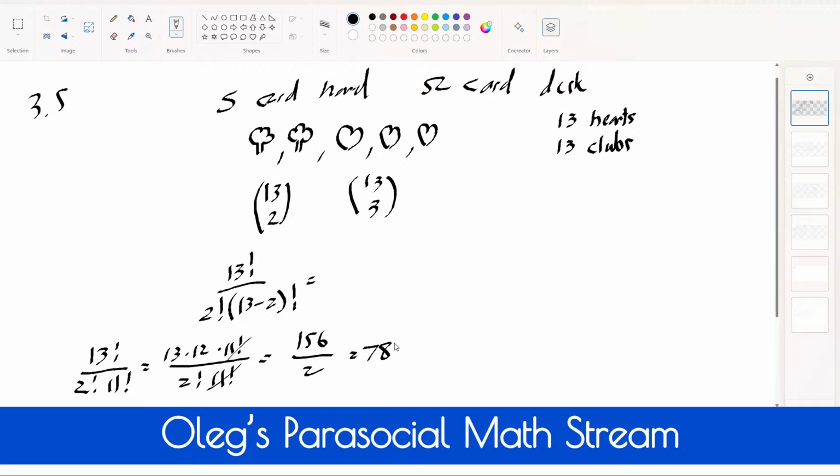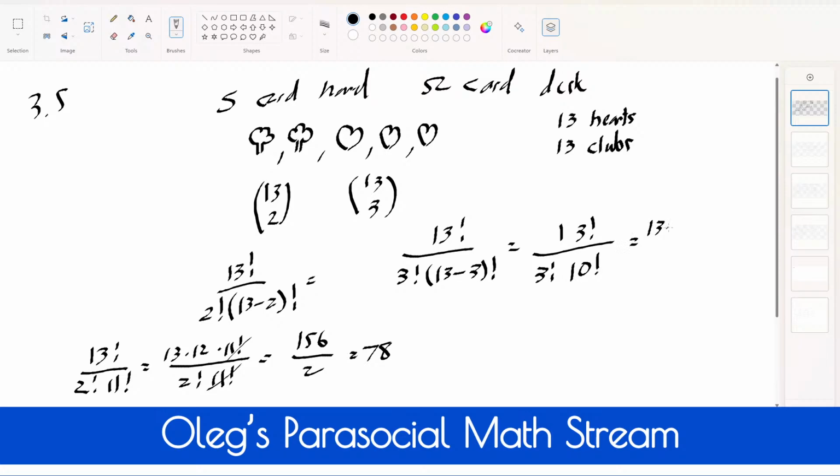Now, for 3, we have 13 factorial over 3 factorial times 13 minus 3 factorial. That gives us 13 factorial over 3 factorial times 10 factorial.